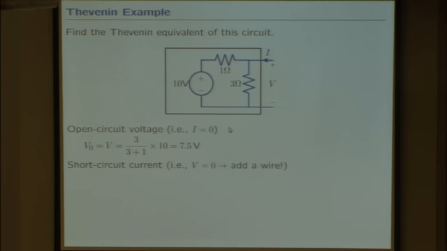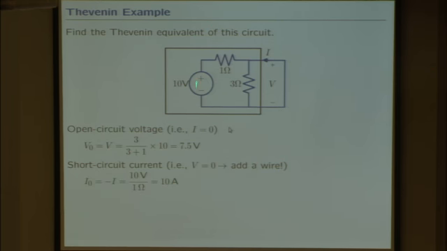Then for the second point, I want to think about the short circuit current. So I consider putting a wire here. And then I compute the amount of current that flows in that wire. And in this circuit, this wire shorts out that resistor. So all the current goes through this wire, and none of the current goes through that resistor.